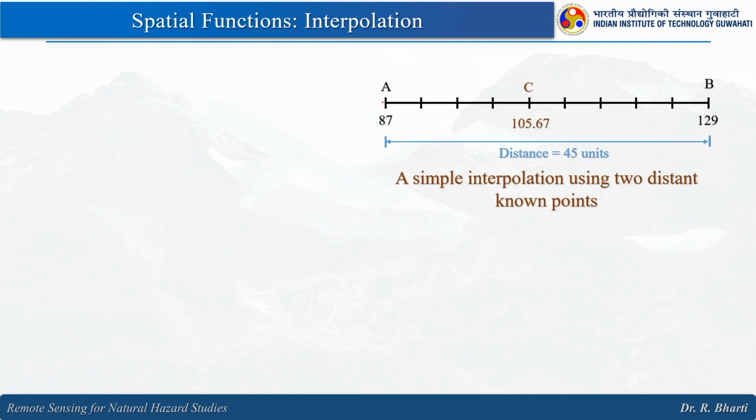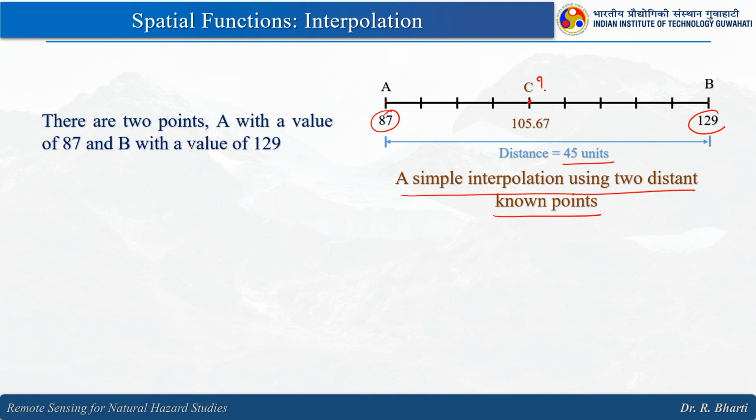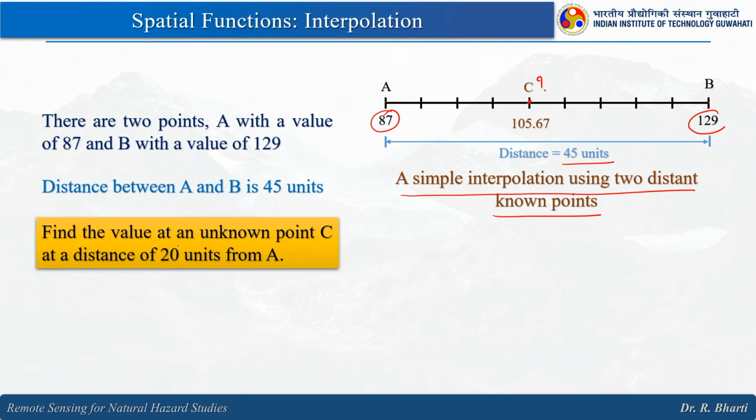So, here is one example, where point A and point B are given. Point A is 87, point B is 129, and the distance between these two is 45 units. This is the simplest interpolation using two known points, and here you can identify the value for C. Now, find the value at an unknown point C at a distance of 20 units from A. So, this is very easy.